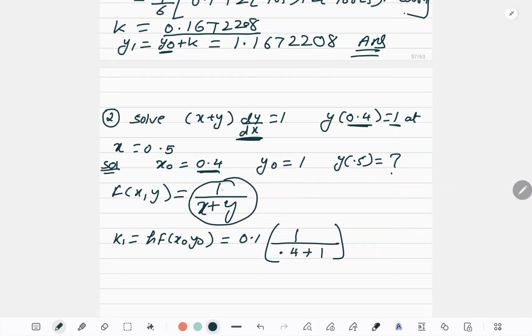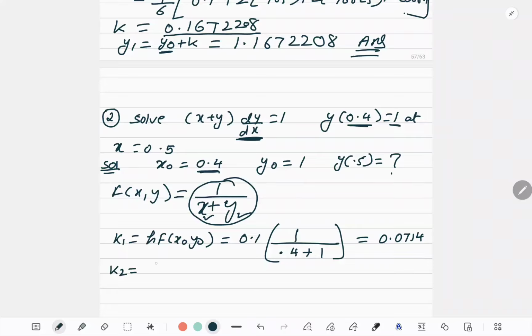Because this is the function, so I should put here x0, here y0. Correct? So when I solve this, my k1 value is 0.0714. I'll suggest all of you to pause the video, find out k1, k2, k3, k4 and k, and then again play the video to check your values.